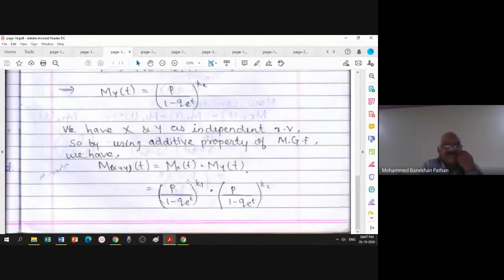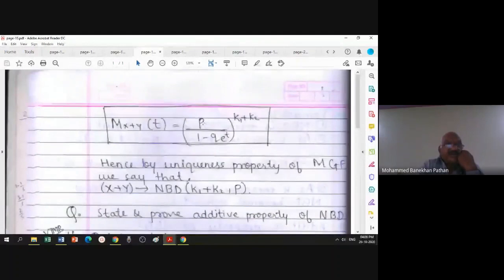Look at this entire bracket and this entire bracket, both are the same, so the powers will be added. So this is nothing but the MGF of X plus Y on the left hand side. It is simplified as (P divided by 1 minus q e to the power t) whole bracket to the power k1 plus k2.